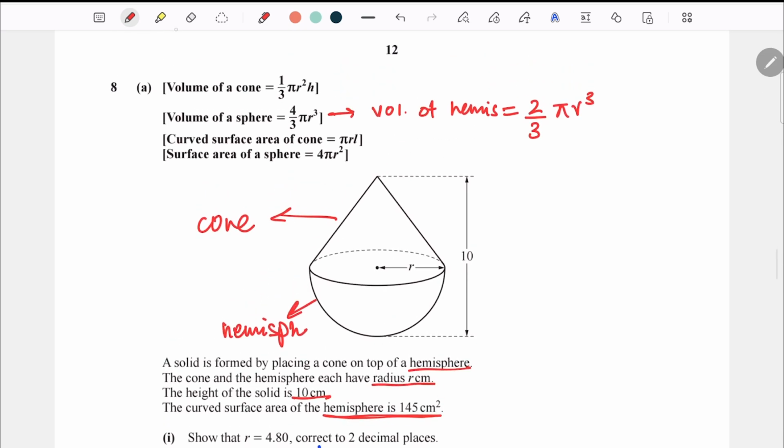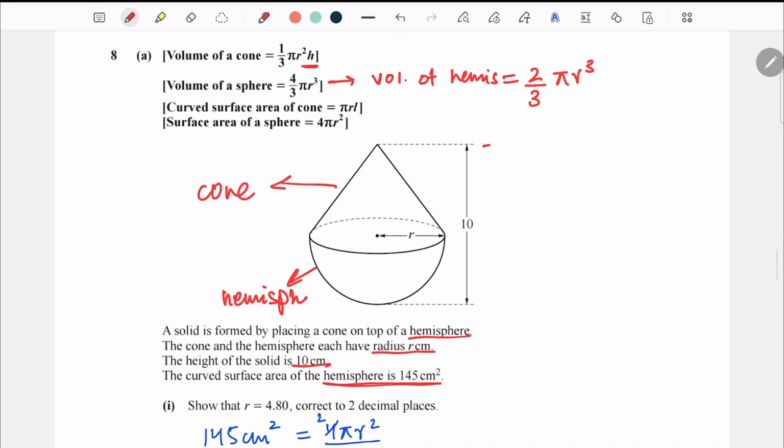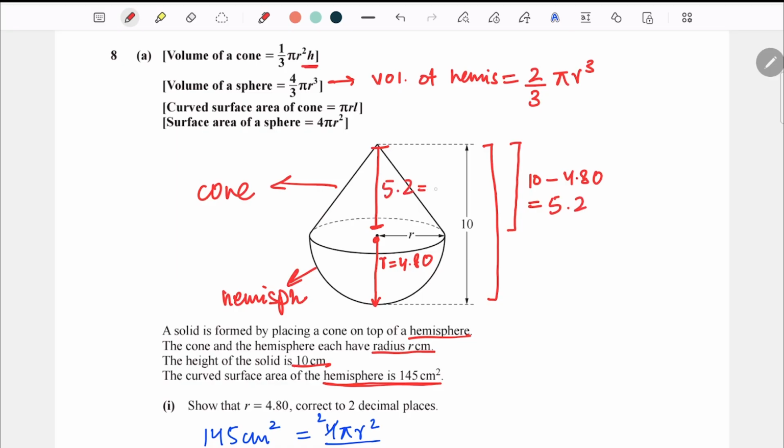For volume of a cone, we need to find the height. Total height of the solid is 10. Height of the cone would be this little region right here. This is also the radius, which is equal to 4.80. So the height of the cone, this entire region, would be 10 minus 4.80, and that is equal to 5.2. So 5.2 is basically h, which is the height of the cone.